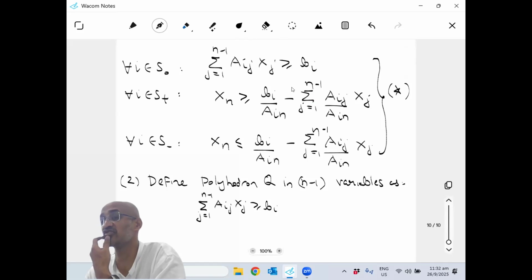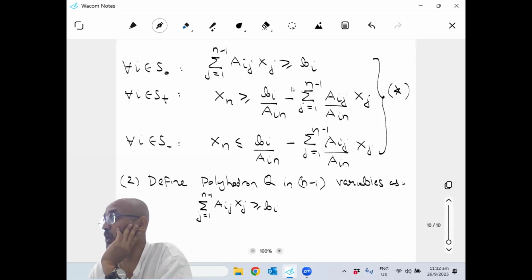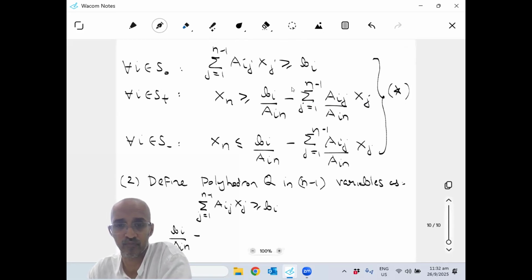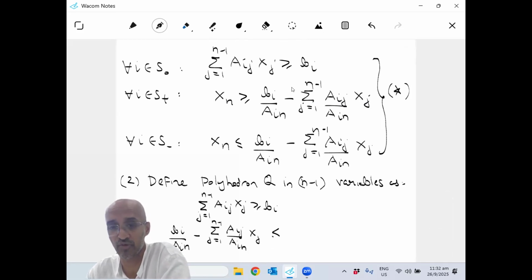The second set of constraints gives me upper bounds and lower bounds on the x_n variable. So for the projection to be valid, the upper bounds have to exceed the lower bounds, basically. So we are going to rewrite this as b_i by a_in minus summation j from 1 to n minus 1 a_ij by a_in x_j. These are the lower bounds, and these are the upper bounds.